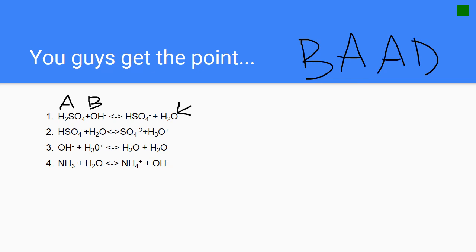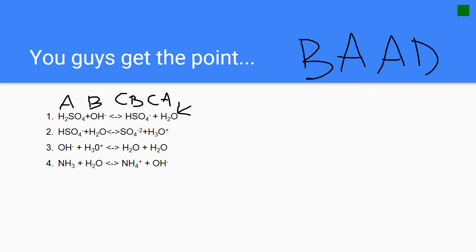So this would be the conjugate acid, and this would be the conjugate base. So at the end, we have H2SO4 as our acid, OH minus as our base, HSO4 minus as our conjugate base, and H2O as our conjugate acid. Since there's no space, I'm really not going to write it out.